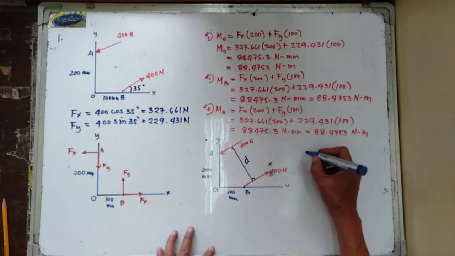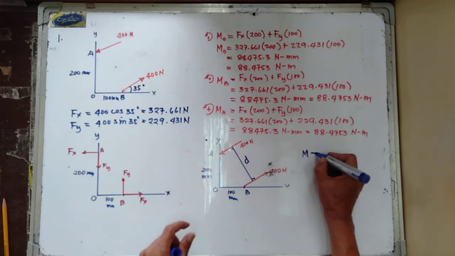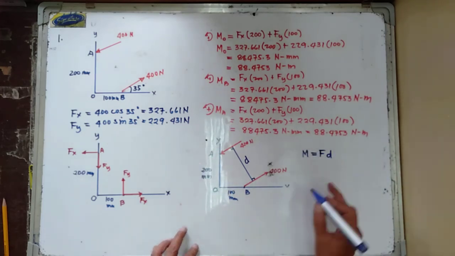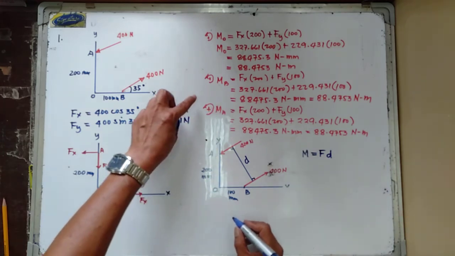So M, the moment produced by this couple, is equal to F multiplied by D.